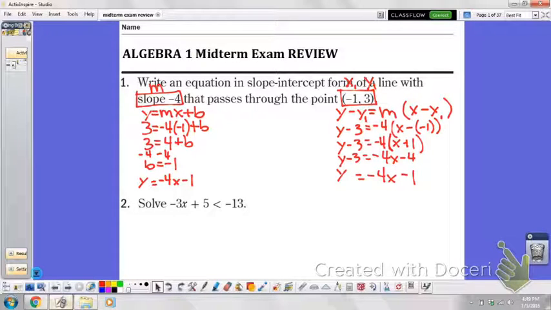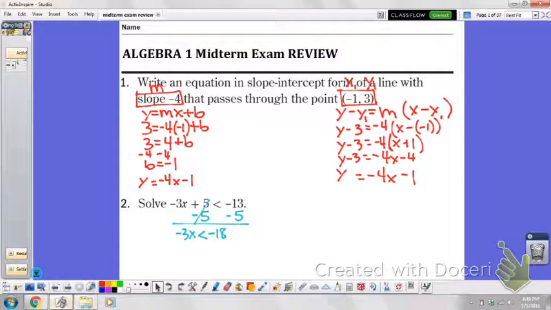For number 2, we have an inequality to solve. We have -3x plus 5 is less than -13. I have to solve the inequality for x. Remember, when we're doing these, we are undoing what is happening to x in reverse order of operations. So that means I need to subtract 5 from both sides. 5's on the left cancel out. And I have -3x is less than -18.